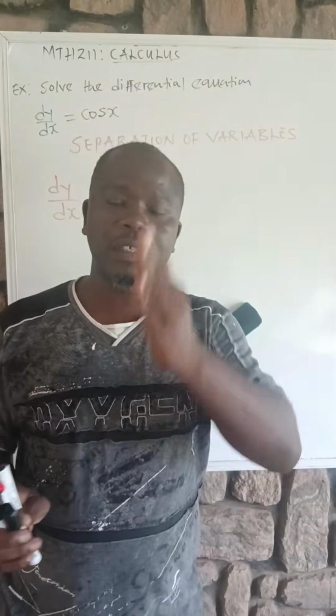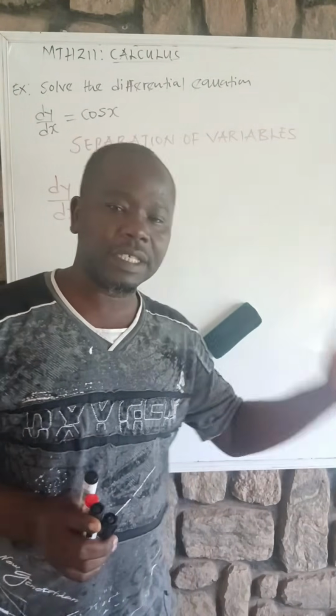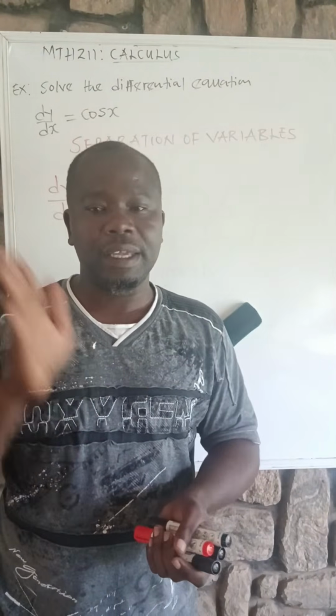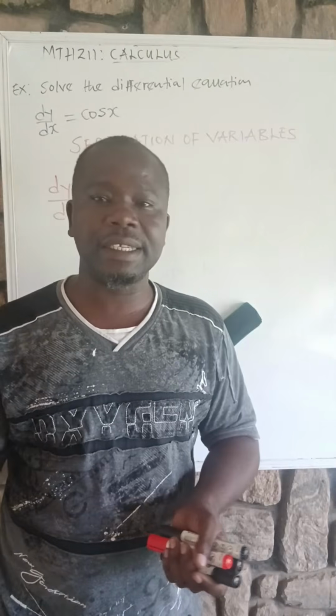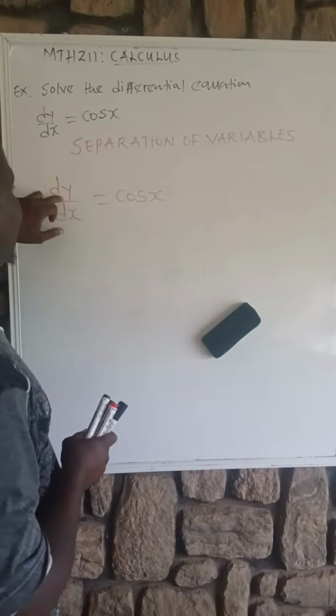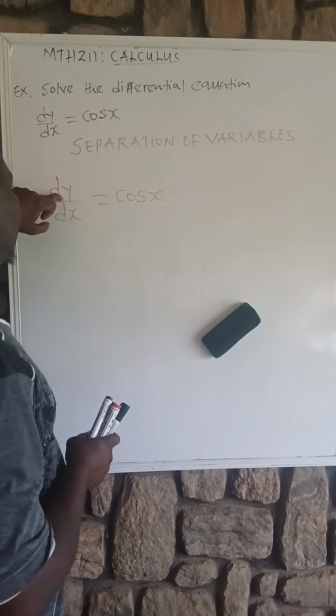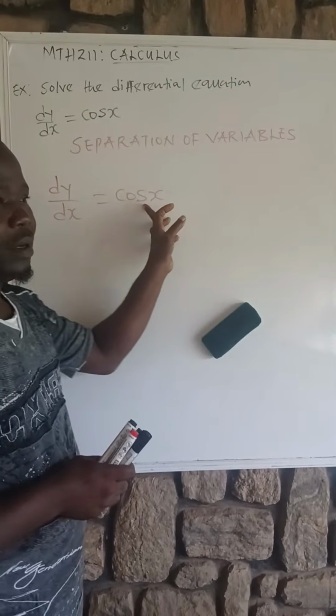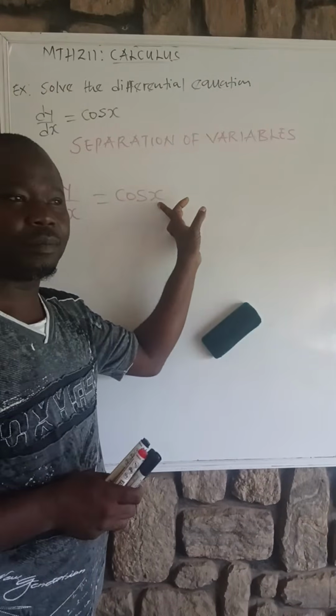The ones that look alike should be on one side, and the other one on the other side. Is that clear? So now look at it. We have dy here. We have dx equals what? cos x.